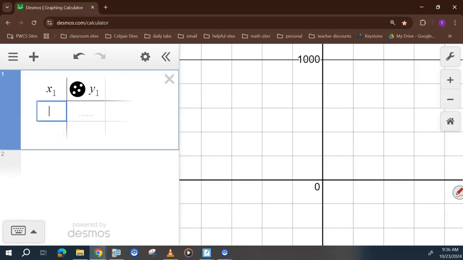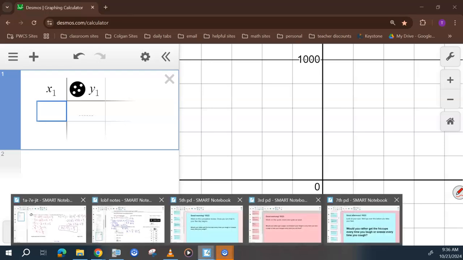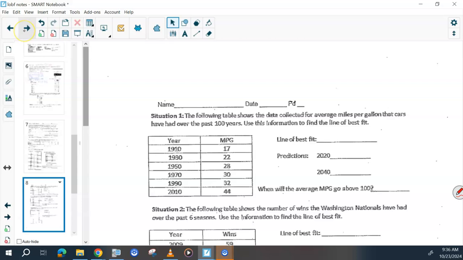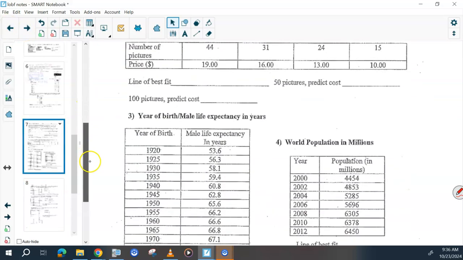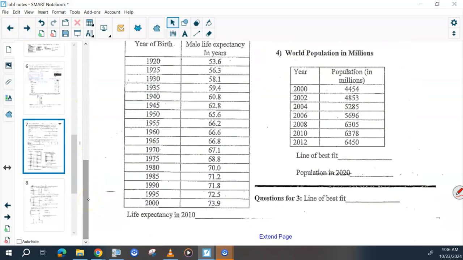Alright, so in number 3, before you start to put this in your table, we have to change something on it first. Anytime you see years, like actual years, you're going to change that first one to 0. And every year after that is going to be how many years has it been since the initial. So this is your initial year. From 1920 to 1925, how many years has that been? 5. And then every year after that, still going back to the initial.